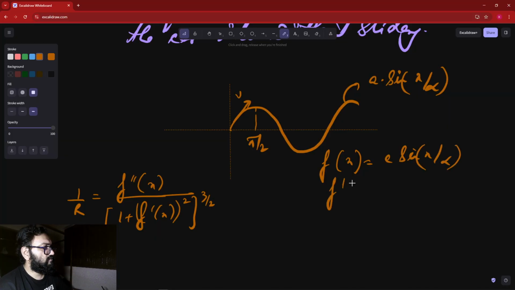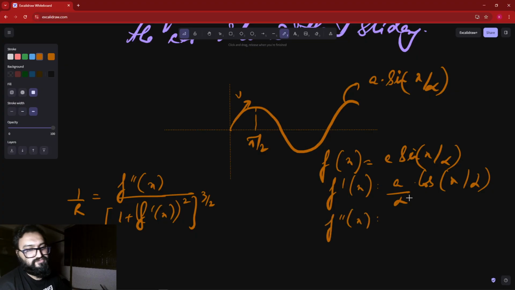If you differentiate it once, you'll get f dash x, which is equal to a by alpha cos of x by alpha, and if you differentiate f dash x again with respect to x, you get minus a by alpha square sine of x by alpha.